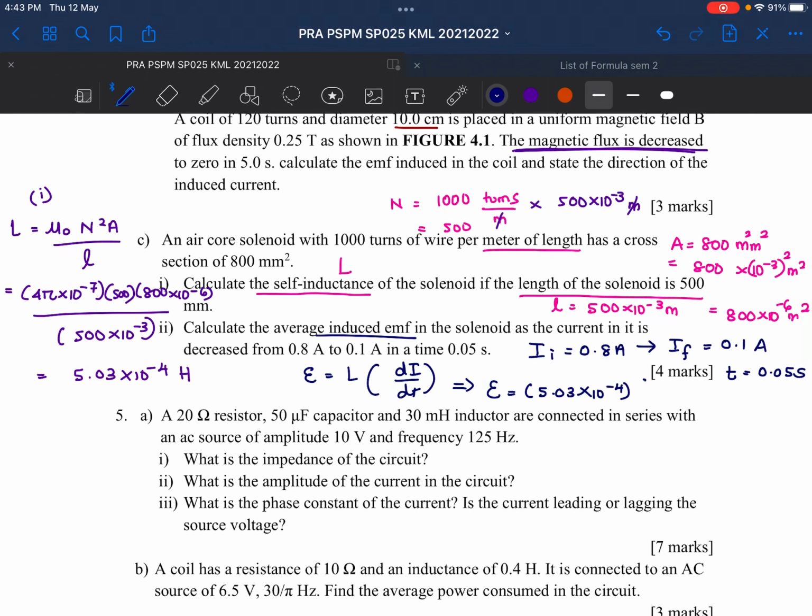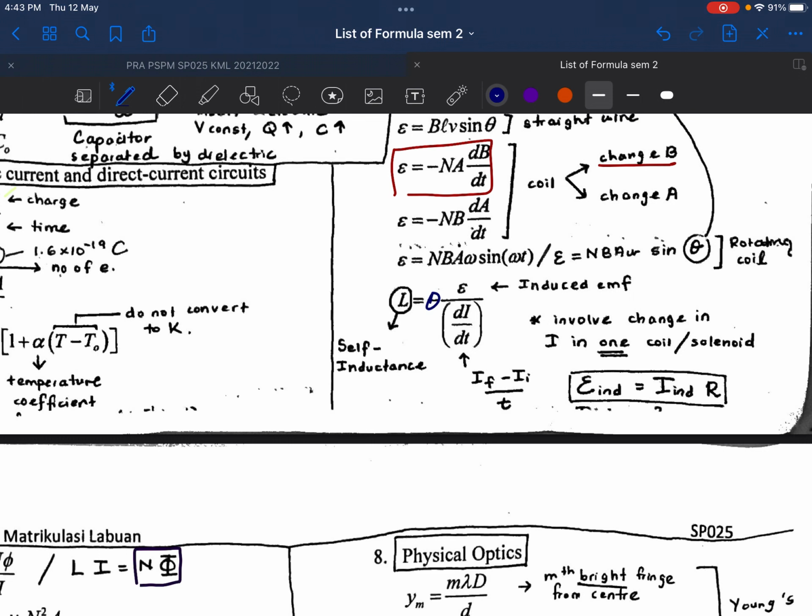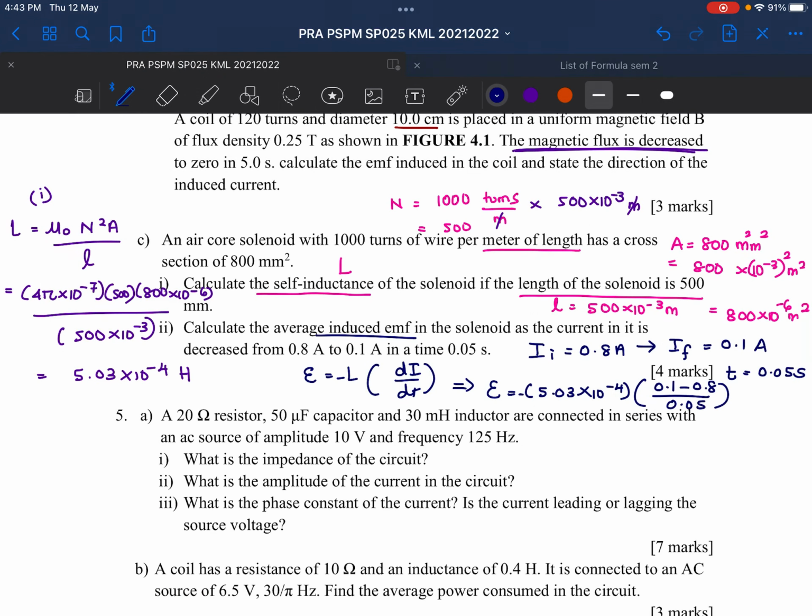So I final minus I initial over 0.05. Okay, so this one you just put negative, because to cancel this, you will get negative here. The equation also has a negative, okay. So I think you get your induced EMF as 7.04 times 10 to the power of negative 3 volt. Okay.